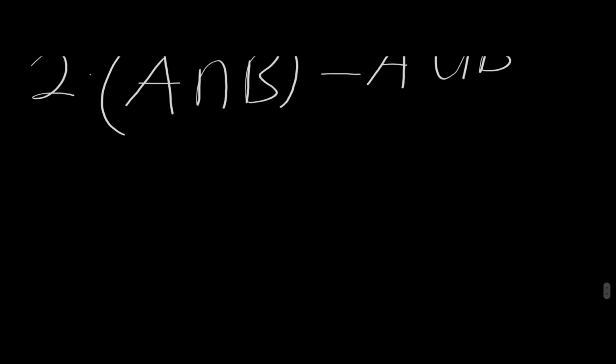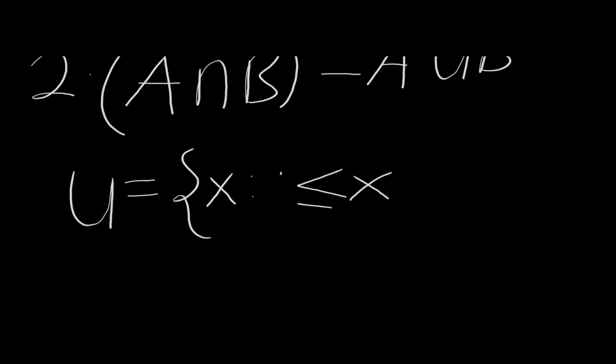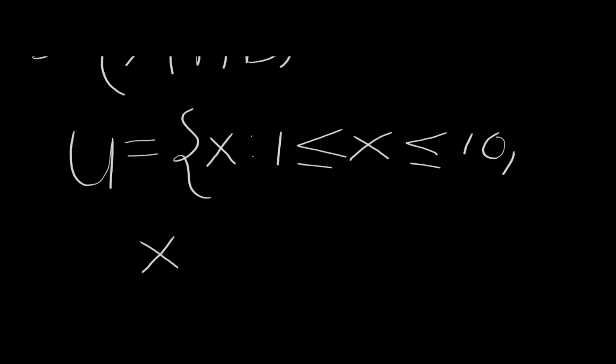Now, before we go, I would like to give you some examples to try on your own. So given that U, which is the universal set, is equal to {x : 1 ≤ x ≤ 10}, where x is an integer.